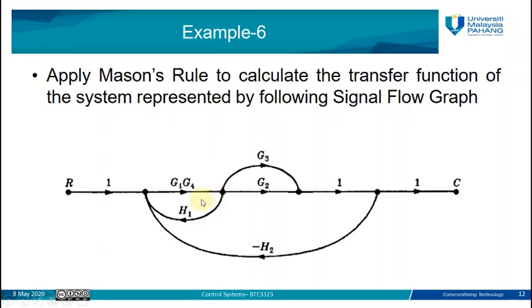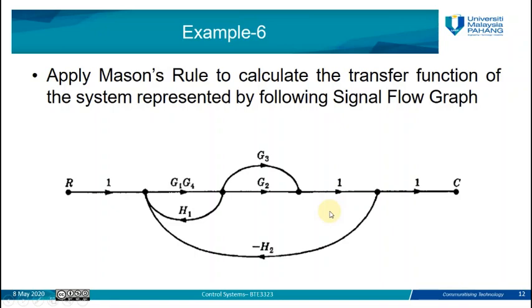Is loop 1 non-touching with loop 3? No, because they also have this node and this node in common. Is loop 3 non-touching with loop 2? No, they also touch each other at this node, that node, and so on. So we do not have any non-touching loops.